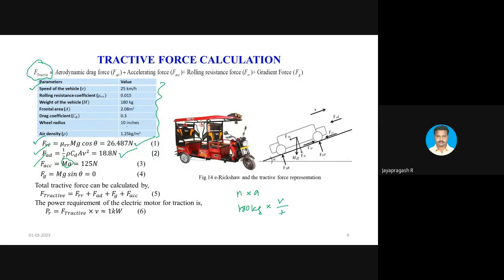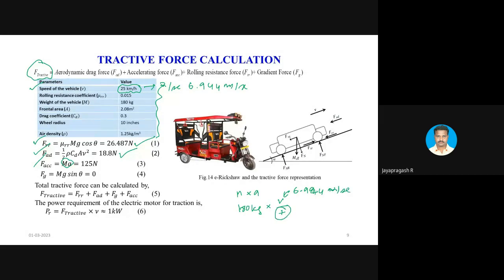The speed of the vehicle is 25 kilometer per hour. From the market survey, we understood that the speed of an e-rickshaw should be 25 kilometer per hour. Converting this into meter per second, you will get 6.944 meter per second.